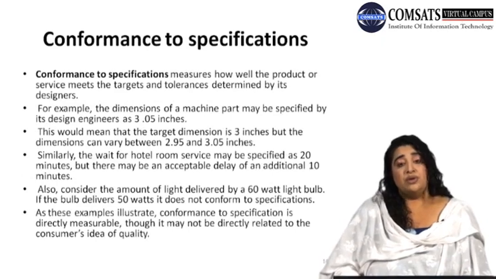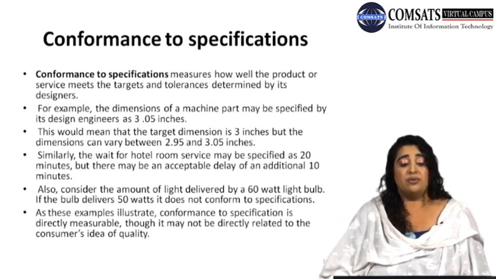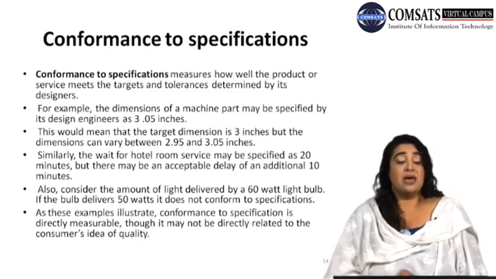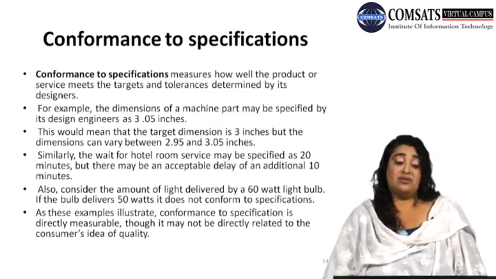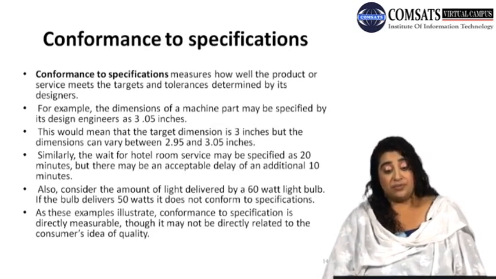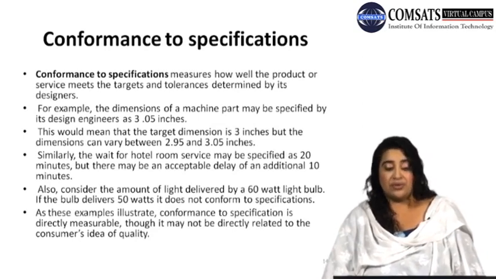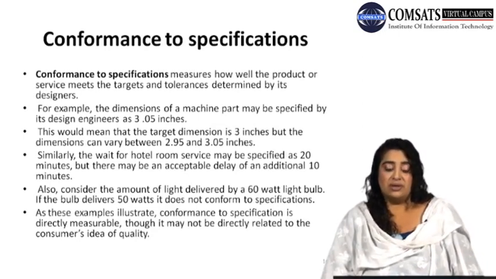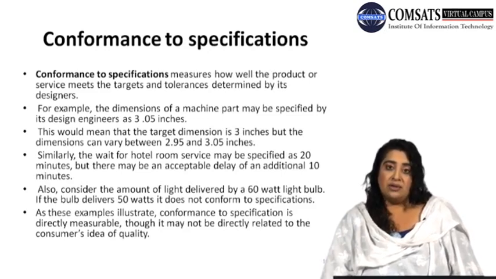Now, if we go into detail in speaking about conformance to specifications. Conformance to specifications, like I said, measures how well the product or service meets the targets and tolerances determined by its designers. For example, the dimensions of a machine part may be specified by its design engineers at 3.05 inches. So, let's take an example: a machine part, its design engineers have specified that it will be 3.05 inches.